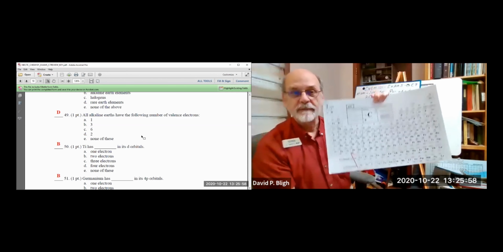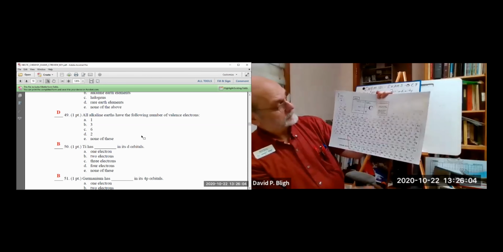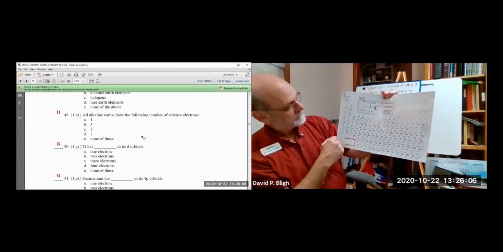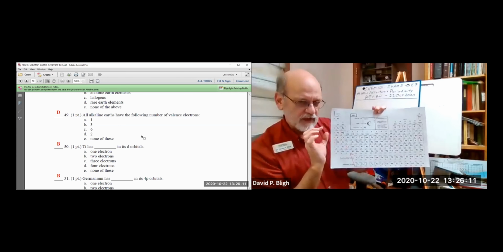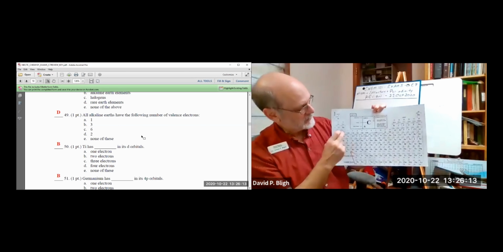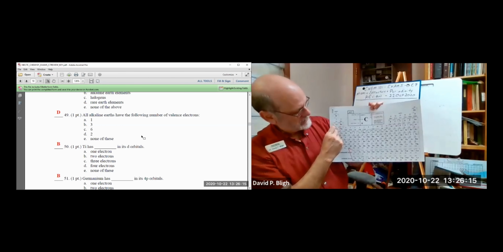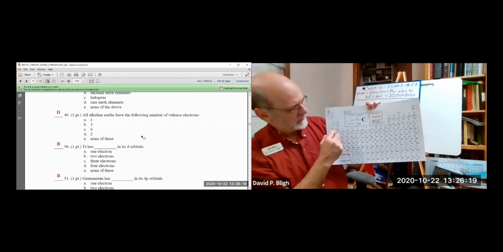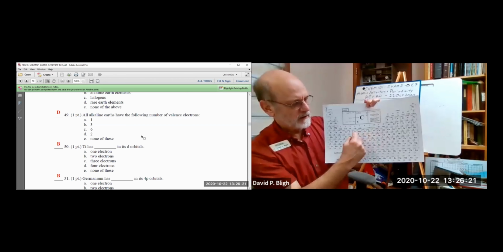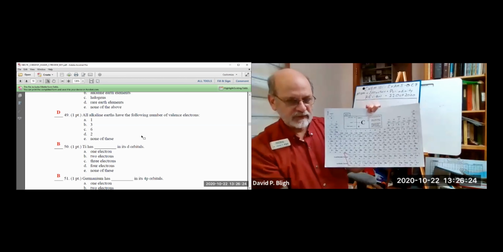Okay, how many valence electrons do they have? Well, let's see. Valence electrons, the concept works best until you get down to below 3, right? Because then you're introducing levels of d.